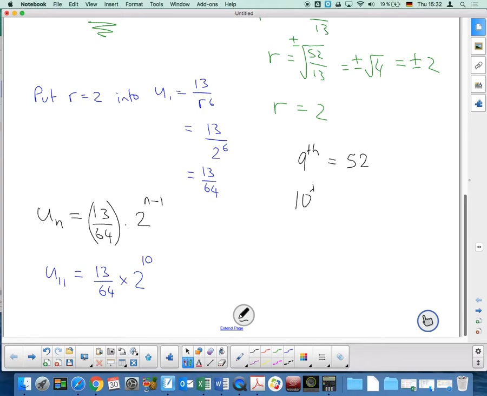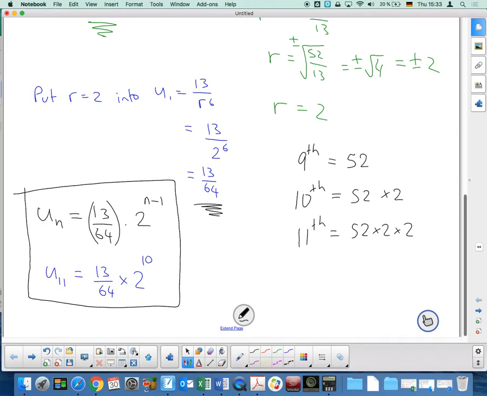So I can basically say, well, if the 9th number is 52, and I've done some solving simultaneously, I can simply take the value of r. If I multiply that by 2, it gives me the 10th. And if I want to get the 11th number, I can simply multiply it by 2 again. So I actually don't need to do the step of finding this thing and then creating this formula.